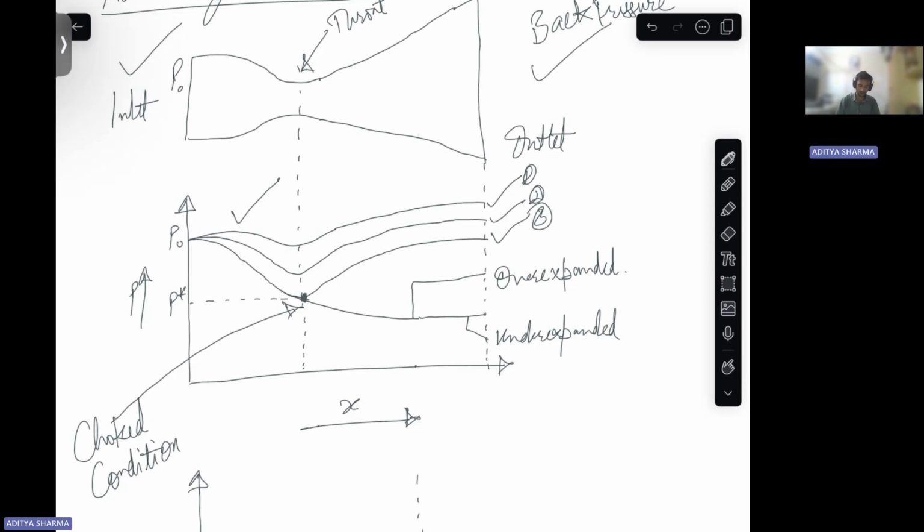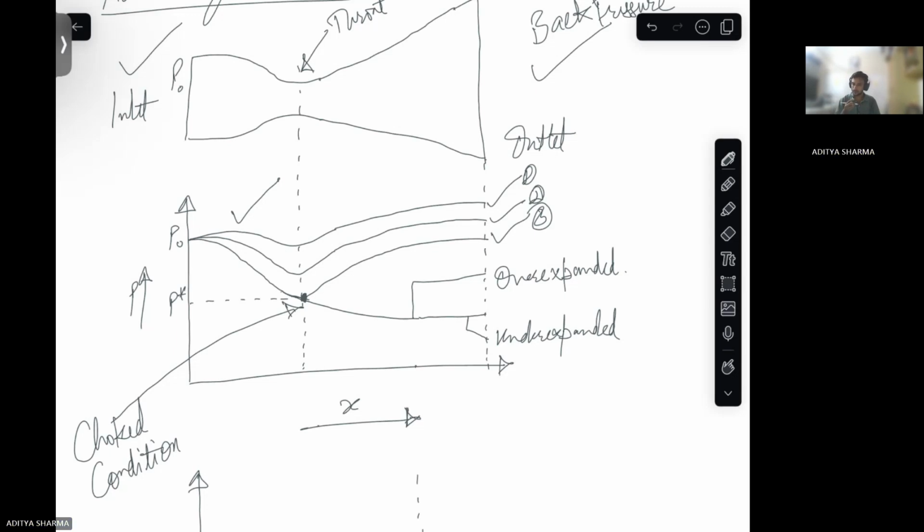Now beyond this, if you again decrease the back pressure, right, beyond the throat, again your pressure will decrease. That means your flow is accelerating, right? Before this, it was decelerating, but now it is accelerating.